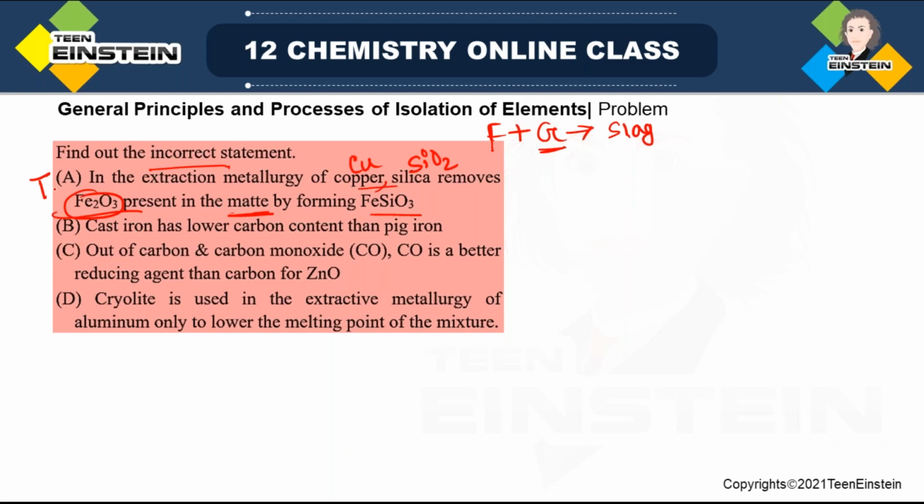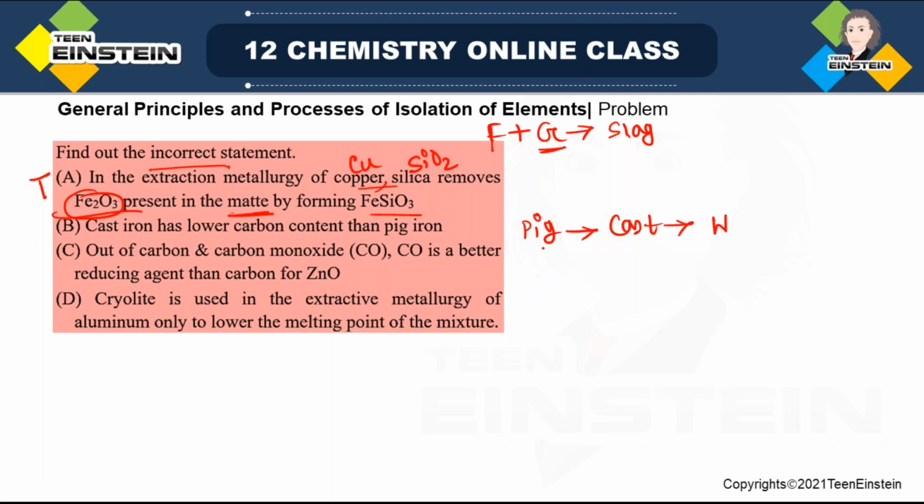Next statement: cast iron has lower carbon content than pig iron. When we discussed extraction of iron from its oxide, we saw that first we obtain pig iron. After that, from pig we get cast, and finally we get wrought iron. I have written W for wrought.